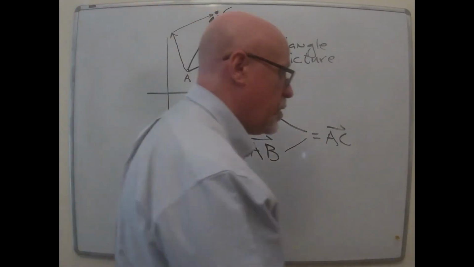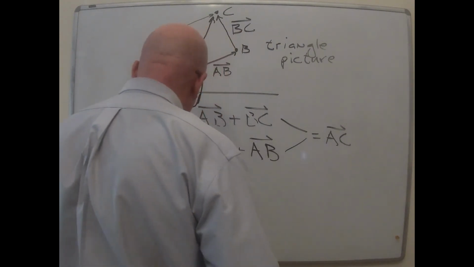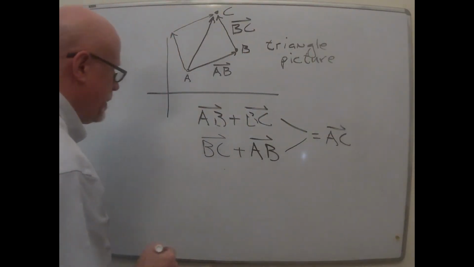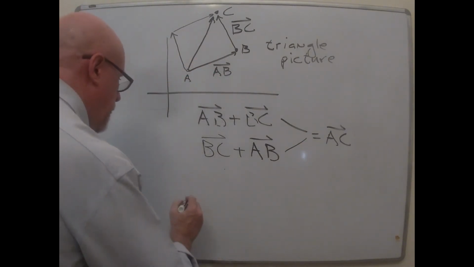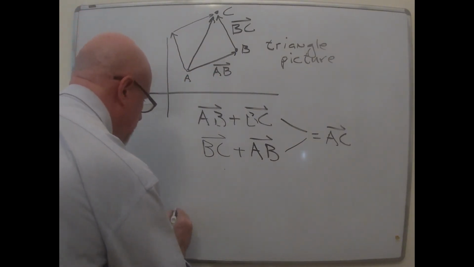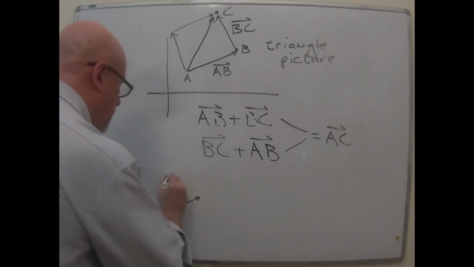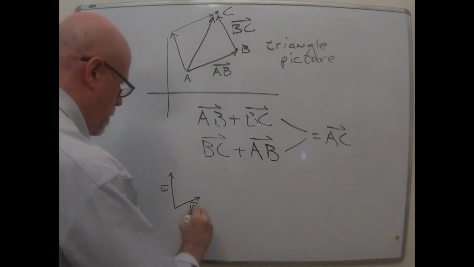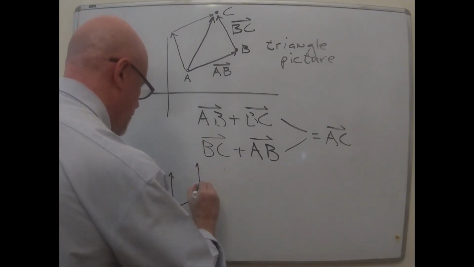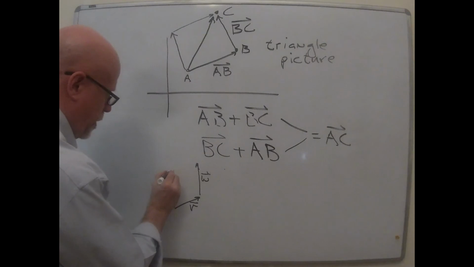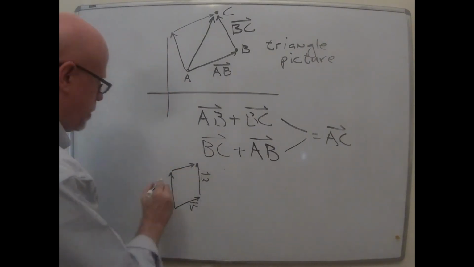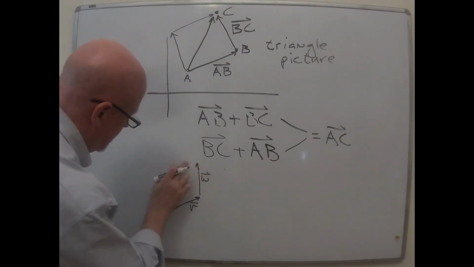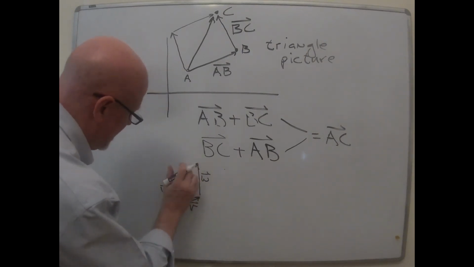If you were working generically, maybe I should do that. Rather than talking about initial points and terminal points, the tails and heads of these things, I could just have, here's a vector V, here's a vector W, here's another copy of W, and here's another copy of V. I should be more careful than I just was.